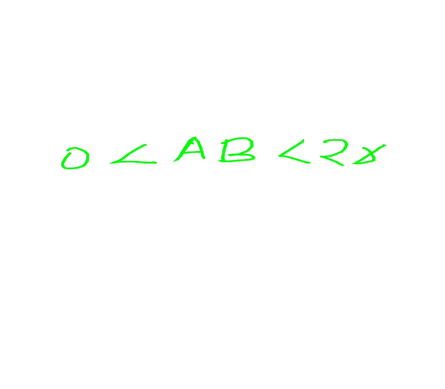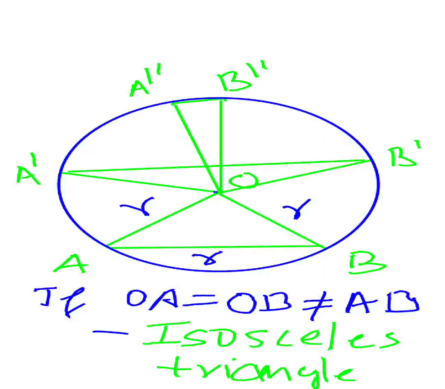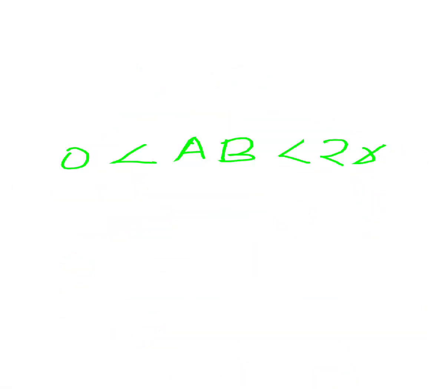Okay, so these will be the boundary conditions. AB should be greater than 0 and should be smaller than 2r. Why smaller than 2r? Take the example of A dash B dash. Okay, in this case if I take it a little to the bottom side, taking both things like this, it will become the diameter only, it will become one line. But that won't be a triangle, so the condition would be that it will always be smaller than 2r.